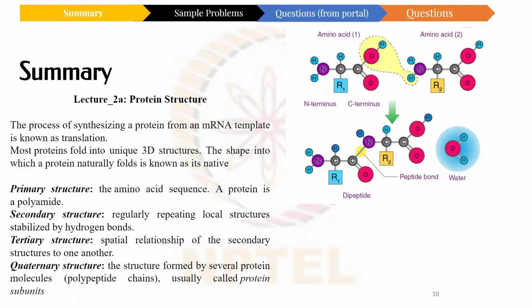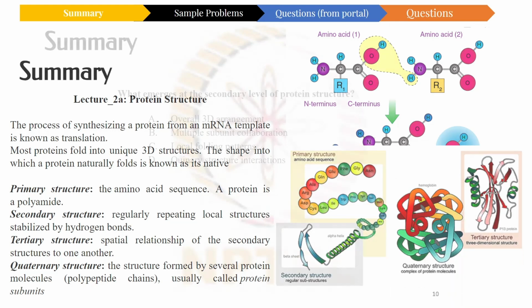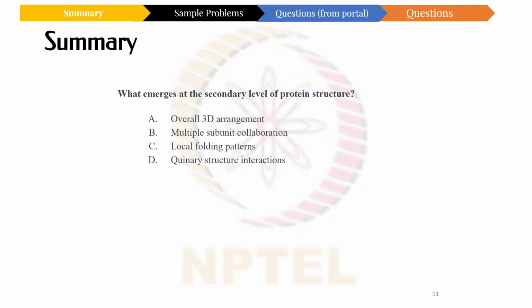So a dipeptide is a combination of two. Here, the secondary level of a protein structure denotes the local folding patterns.